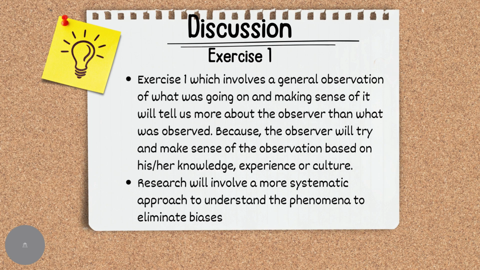So for example, if it's a qualitative study, if I have observed that maybe a certain group of people behave a certain way towards a certain group of people, using a systematic approach to understand the phenomenon would mean that I would want to observe, obviously observe, and understand what's really going on, and not make a conclusion based on that.